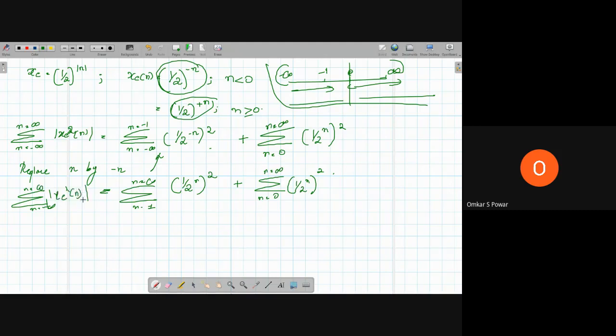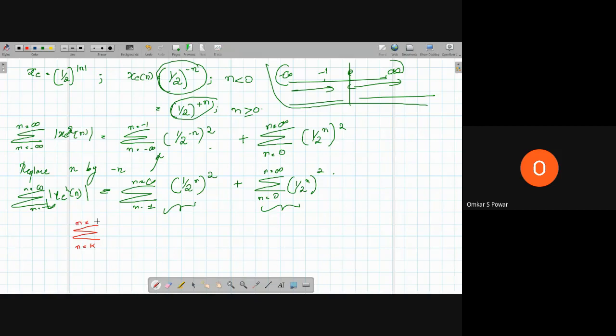Okay, now for this one and this one, the major thing you have to remember is a particular formula to simplify them. This will be helpful in most cases and problems, so I request you to memorize this one.